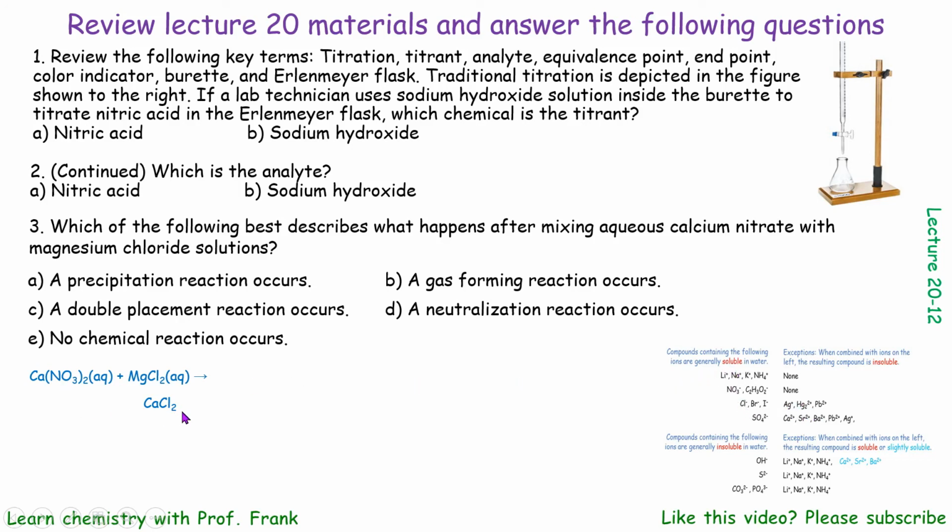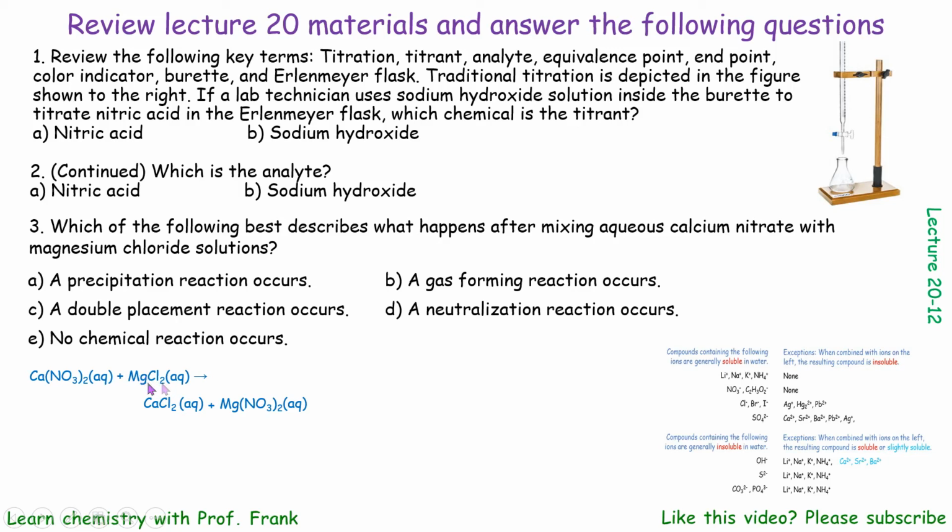So therefore, that's AQ. Now, when nitrate and magnesium pair, that should be magnesium nitrate. Is this compound soluble? Nitrate, always soluble. So therefore, magnesium nitrate is soluble. So we place AQ there.